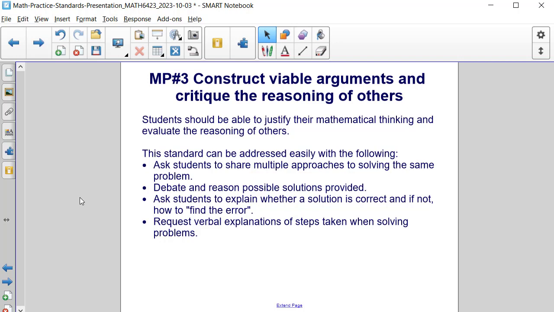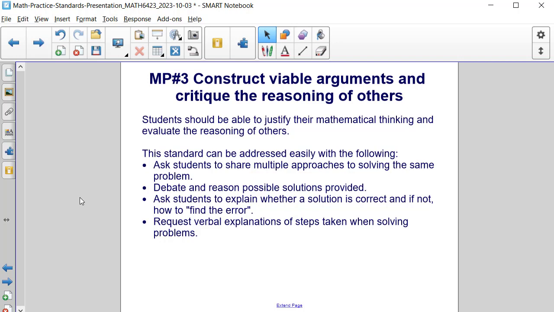When they do that debate process, or when they figure out which way is correct versus incorrect, or maybe both ways might be correct for that matter, they're reasoning and critiquing the reasoning of others and constructing their own arguments to prove why or how their solution is reasonable and why it is correct. They can also use it to determine why things are incorrect.